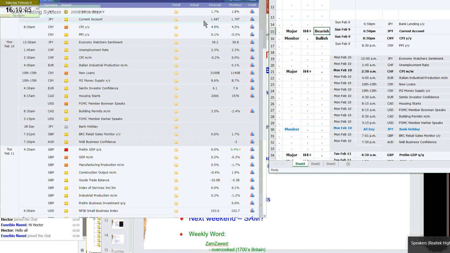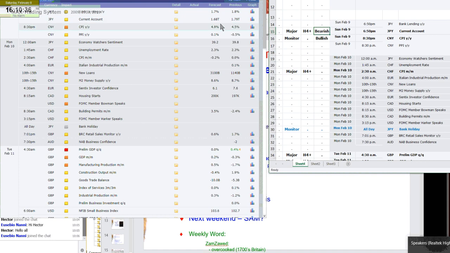But before the news, during the day, until the news release, it is easy to define most of the time a good idea where the yen will go, comparing the forecast with the previous month's release. If the forecast is worse than the previous month's, the context will be bearish for the yen.